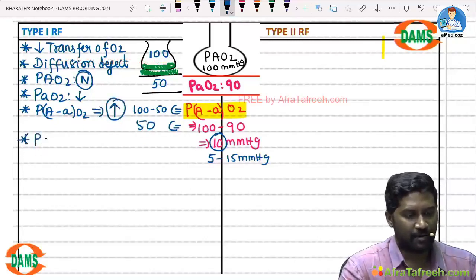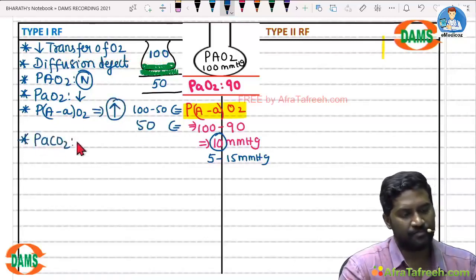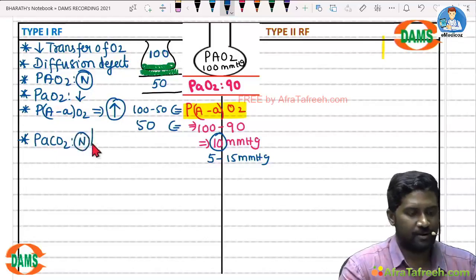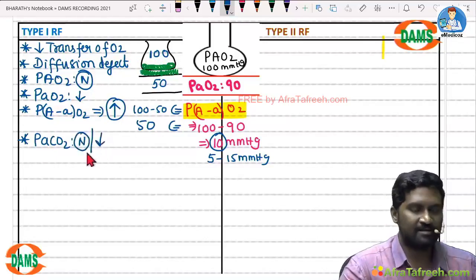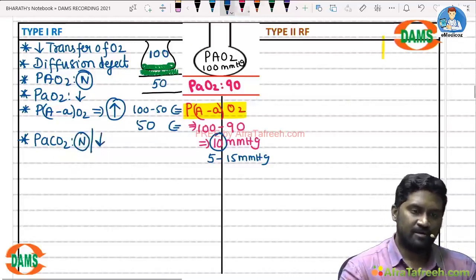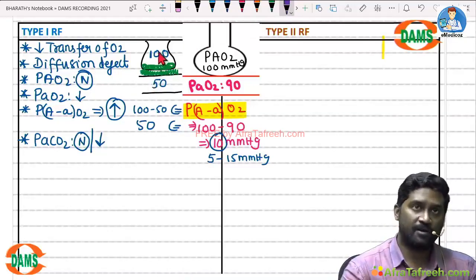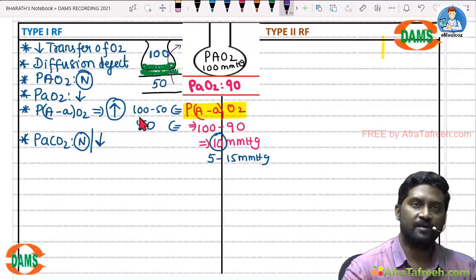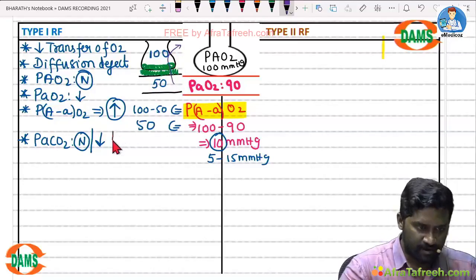Then what happens to PaCO2? PaCO2 will be normal or only slightly decreased. Now you should get a valid doubt, students. It is the same membrane where oxygen is finding its way difficult into the body. How come CO2 is going out easily? There are two reasons behind this.